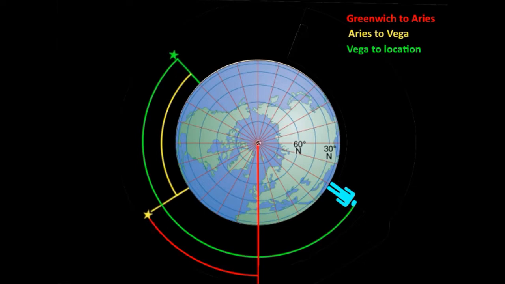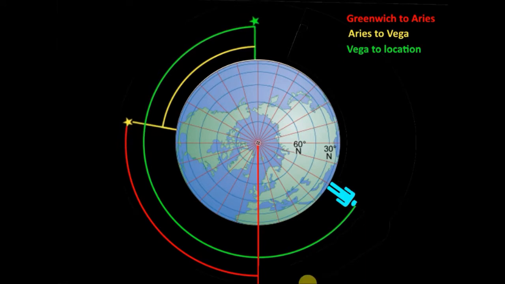Now, as you see, if we do the math, we get the longitude from Vega to the Greenwich Mean Time, or the Greenwich line. In this case, you don't see Vega, of course, but maybe right here you can barely see Vega.